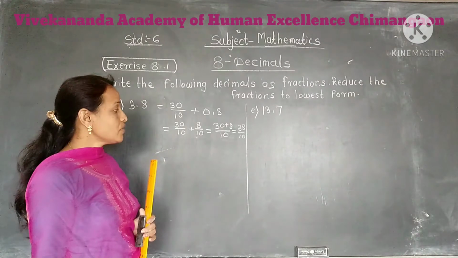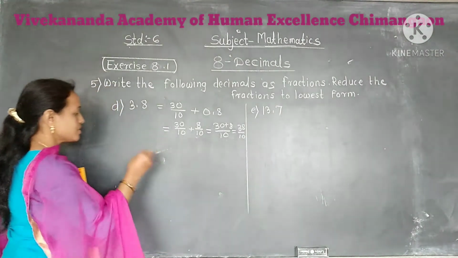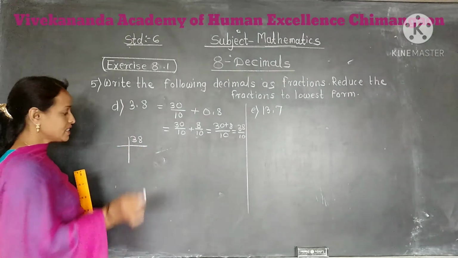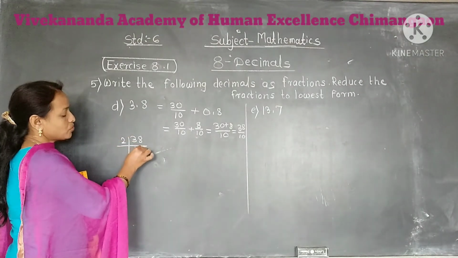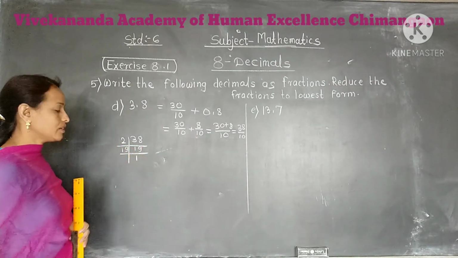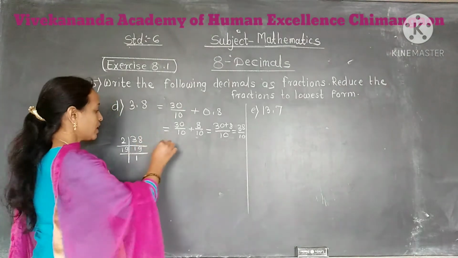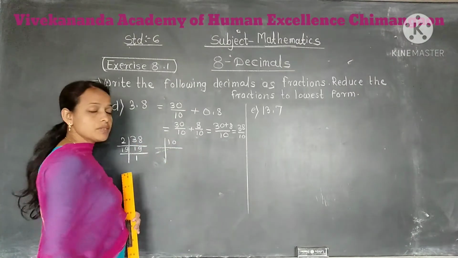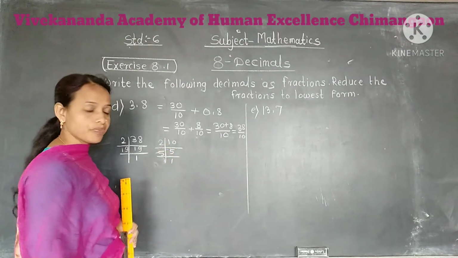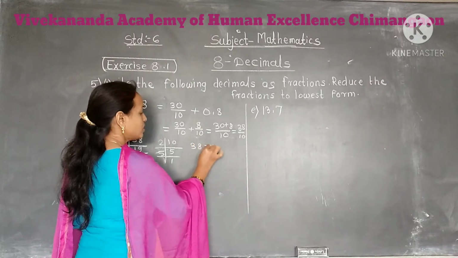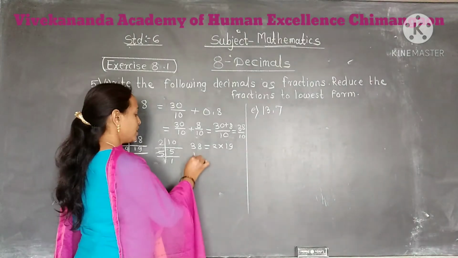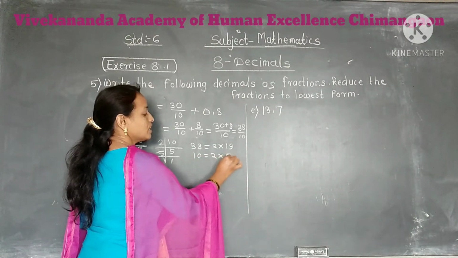Now we find HCF of 38 and 10 by prime factorization. 38 is divisible by 2, 2 nineteens are 38. 10 is divisible by 2, 2 fives are 10.